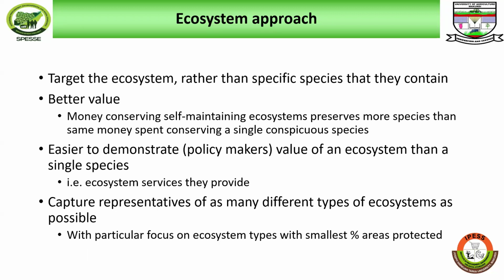So for policymakers, it's easier for you to say, oh, this particular ecosystem, the rainforest, is being destroyed. We have large animals, we have plants that have values. And so we want to spend our money on protecting this while looking at the wider picture. It's easier to sell. So it captures representatives of as many types of ecosystem as possible. And so that is an approach you could use, especially where funds are a challenge.